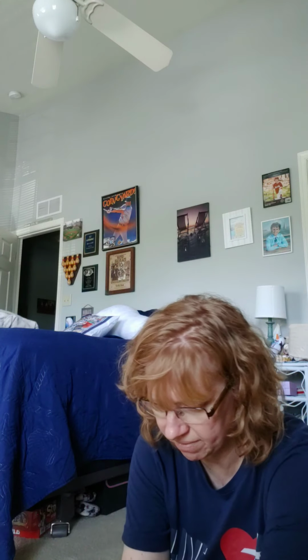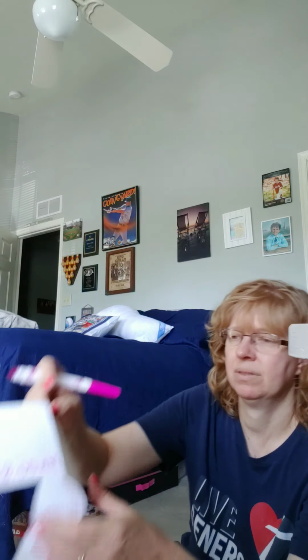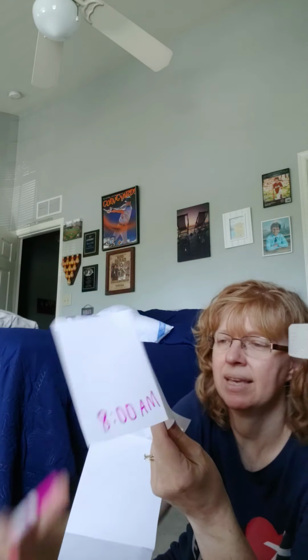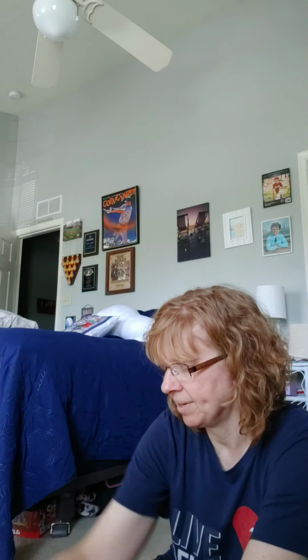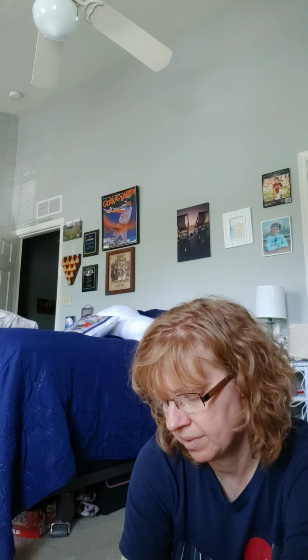So you're going to start on the very left side, and you're going to write 8 o'clock a.m. So it should look something like that. Okay, then your next one, you're going to write 9 o'clock a.m. That's in your next square or rectangle.